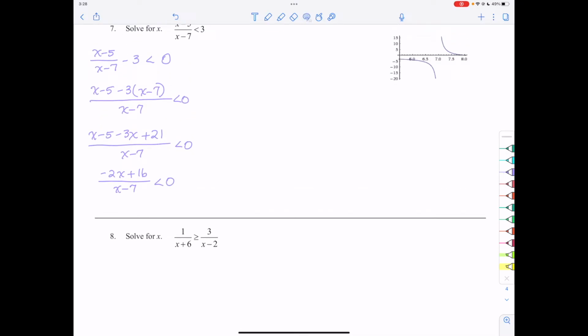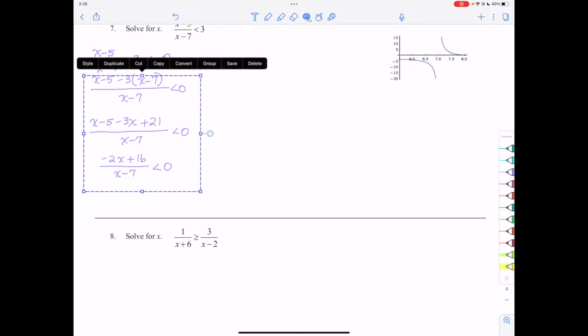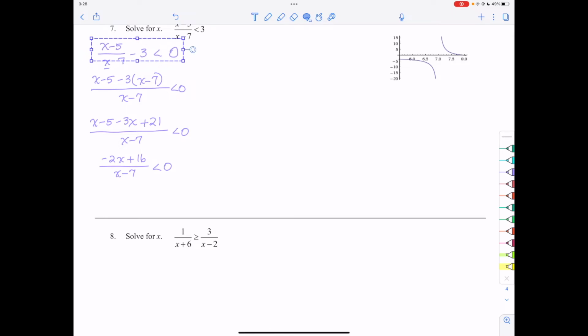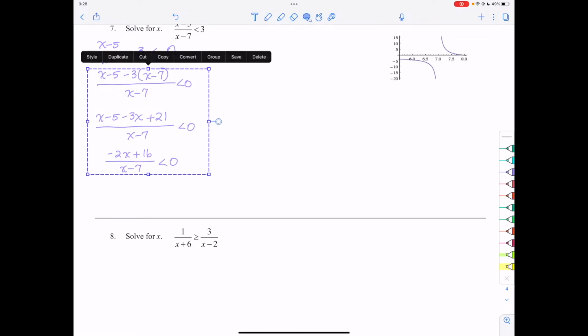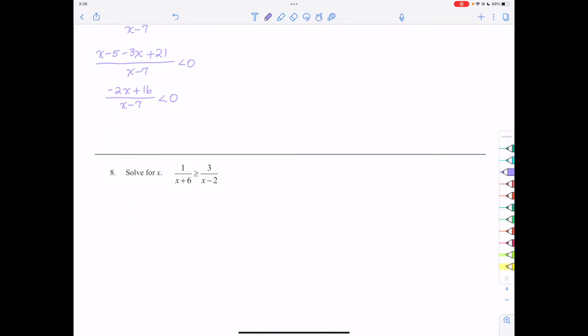And sometimes it's nice to go ahead and have some factors. And as you can see, why don't we factor this numerator just so that we can see the solutions? So if we factor out a negative 2, we have an x minus 8 divided by an x minus 7 is less than 0.